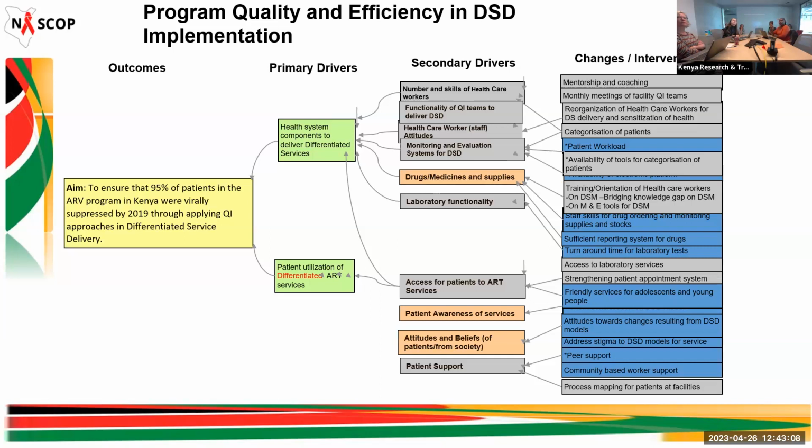So they were able to link the main outcome, which was mainly to ensure that we are suppressing clients, but using a quality improvement approach in DSD. And we were also able to link certain primary drivers, just looking into what are these drivers that would support the outcome, what are these secondary drivers that would support the outcome, and what are the likely change interventions to look out for, a boardroom discussion to think through that theory before implementation.